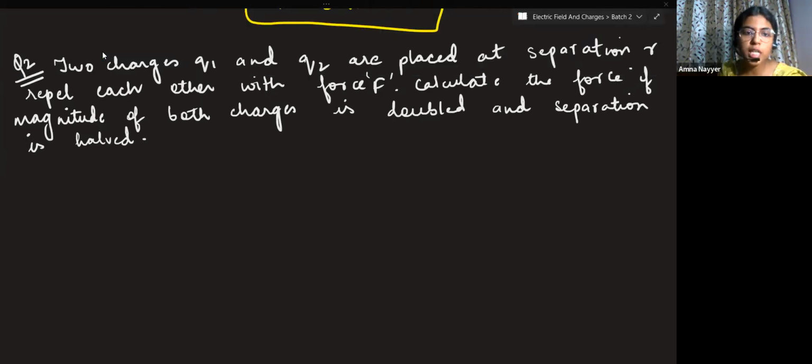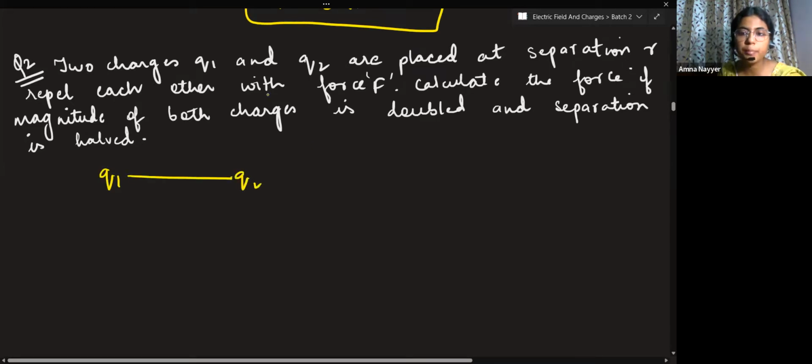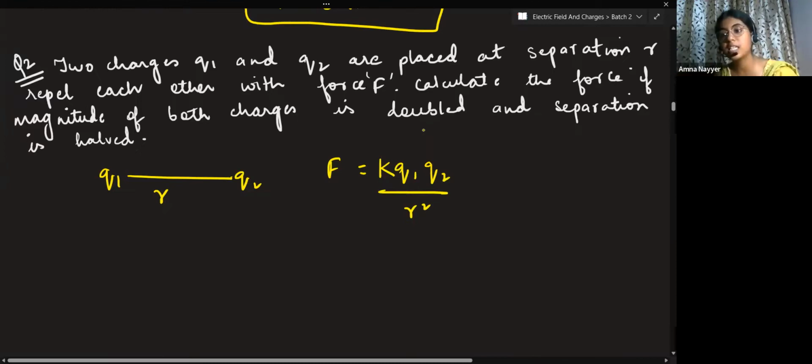See, two charges Q1, Q2, separated by a distance small r, repel each other with a force F. So on applying Coulomb's law, this will be K Q1 Q2 divided by R square. This is simple. This is the first part of the question. The second part says the magnitude of each of the charges has been doubled.